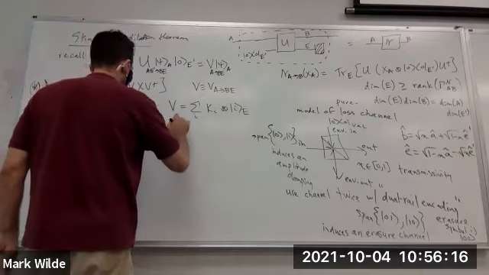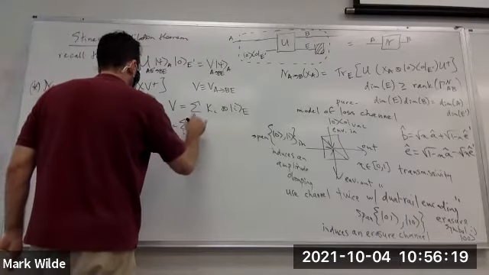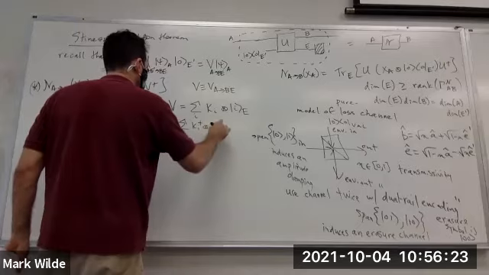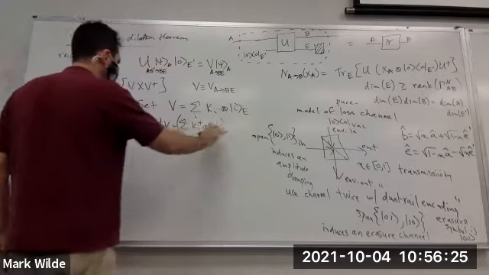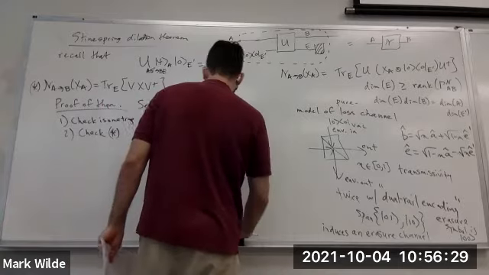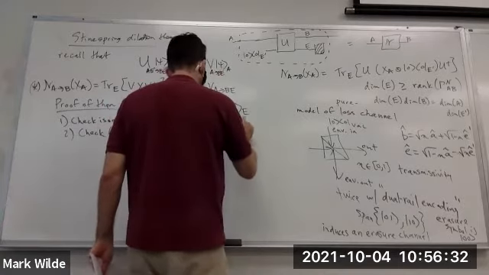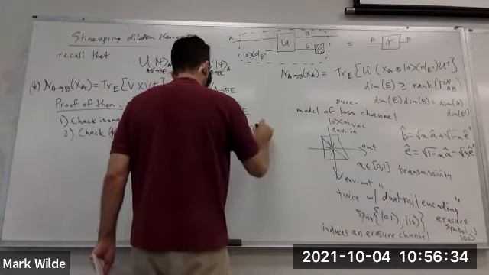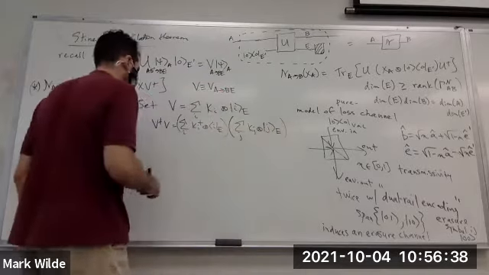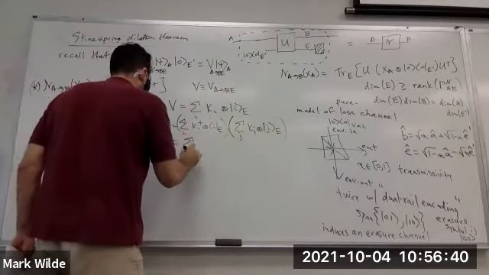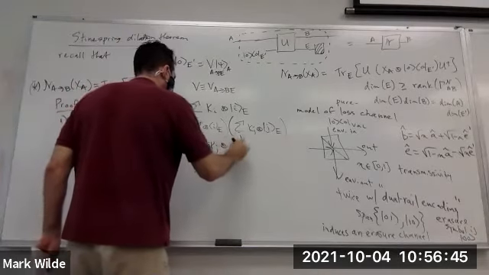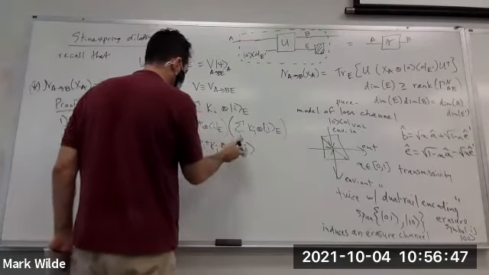V dagger V. Tensor. So that's V dagger, and V is, as we wrote it. This is very similar to a calculation we already essentially did before. This is a delta function.